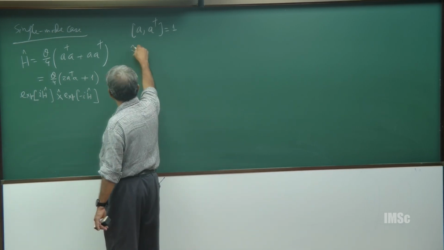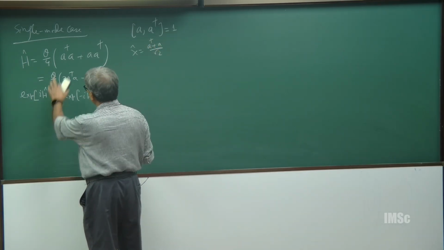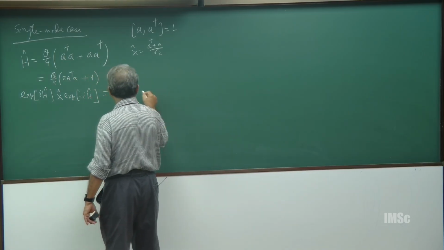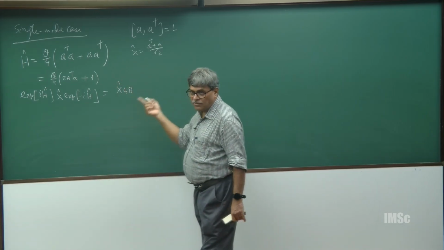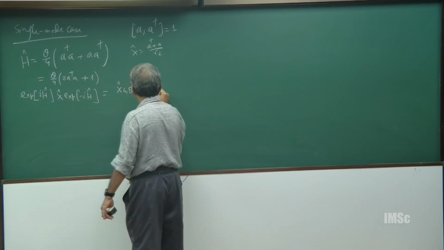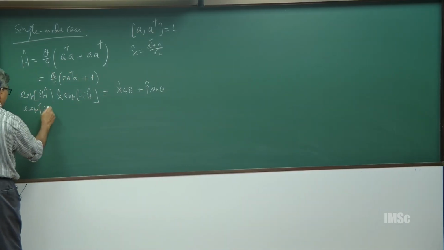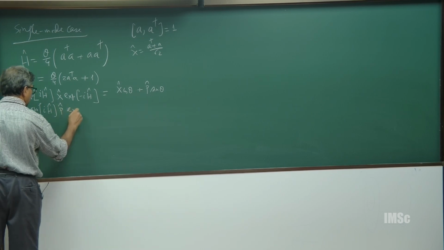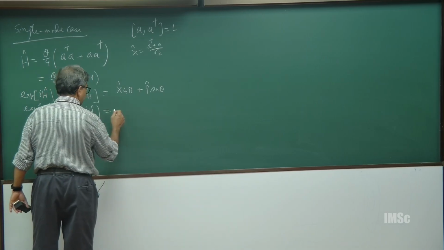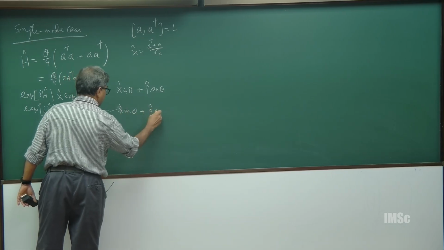So, x is this a dagger plus a by root 2. So, you can figure out from here that this is x cosine theta, whether it will be plus or minus we will have to see, let us say this plus, we can figure out exactly what will be this thing, sine theta, and similarly for p, under exponential of minus iota H, it will be minus x sine theta plus p cos theta, something like that.